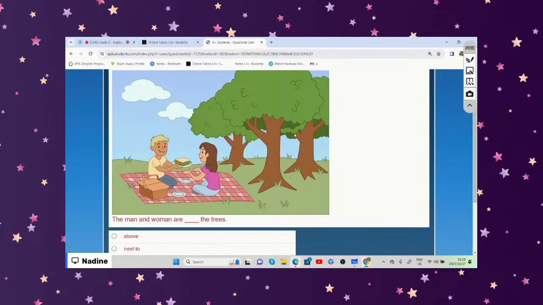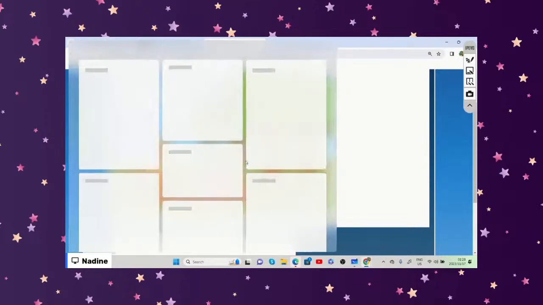So we're going to say that the man and woman are next to the trees.